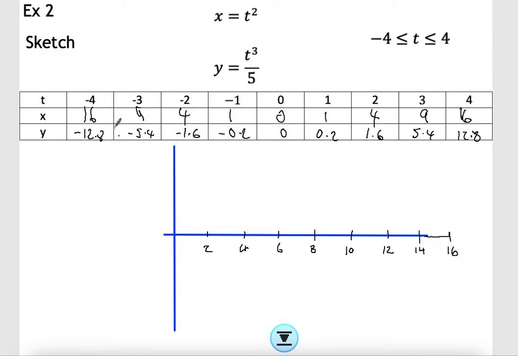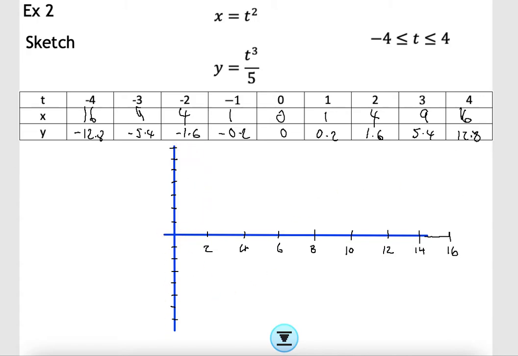And then our y-axis again, from negative, say 13 to positive 13. Again, I'm going to go for twos, but obviously my scale is going to be slightly different. So 2, 4, 6, 8, 10, 12, and 14, and the same on the positive scale.